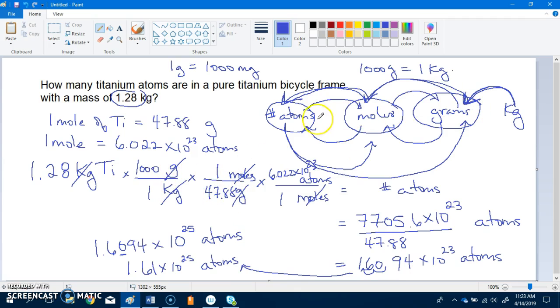And remember this map here: it only takes one conversion factor to go between moles and grams and moles and atoms, but it takes 2 conversion factors if you're going to go from atoms to grams or grams to atoms.